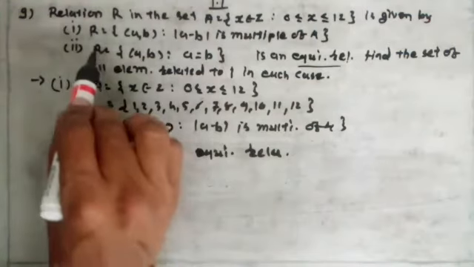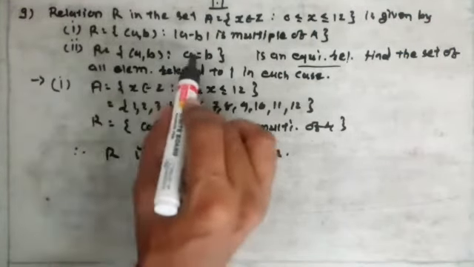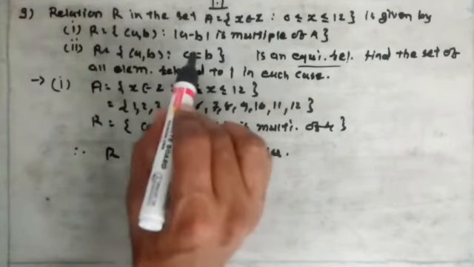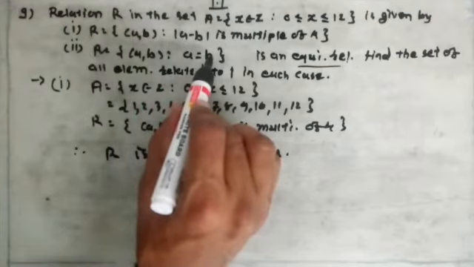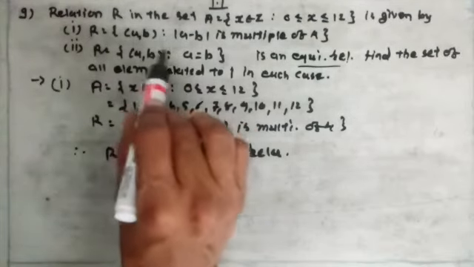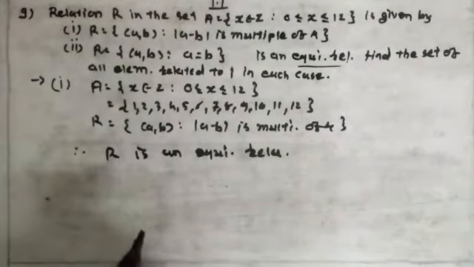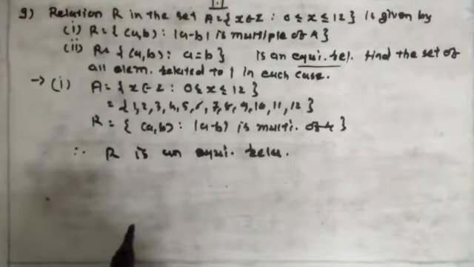Similarly, the second relation R = {(a, b) such that a = b} is also reflexive, symmetric and transitive. So this relation is an equivalence relation. Clear? You are able to solve this second one yourself.